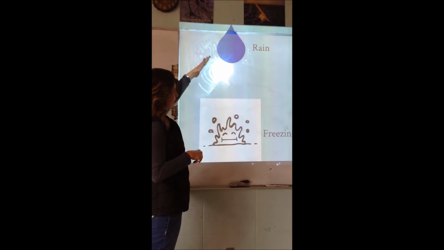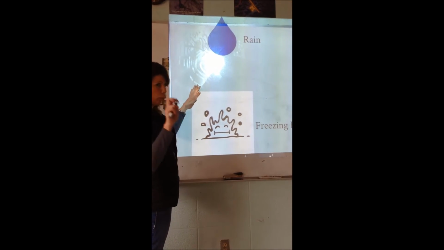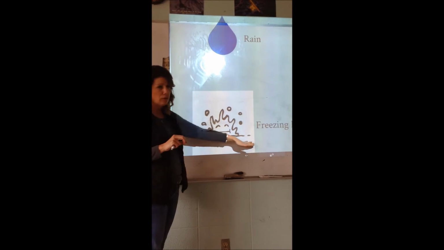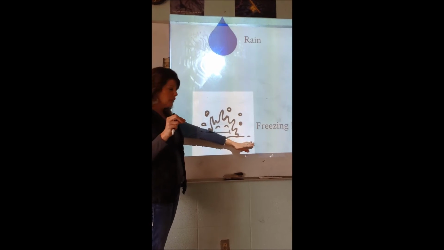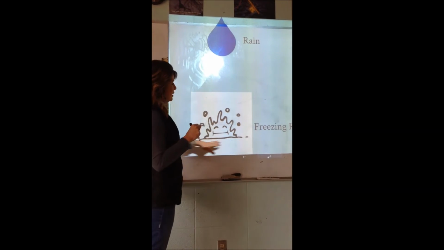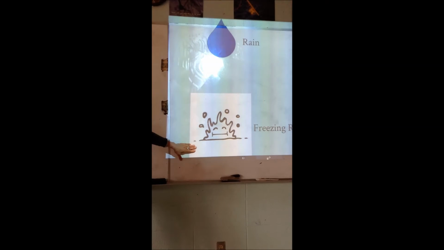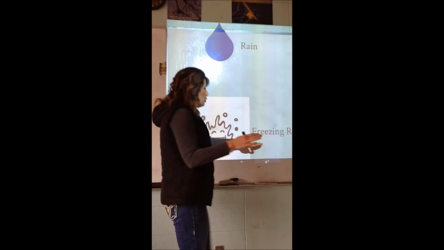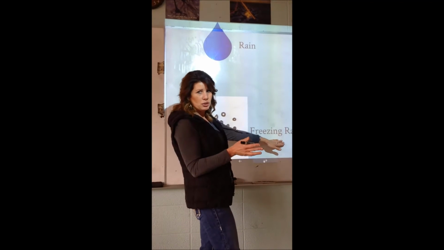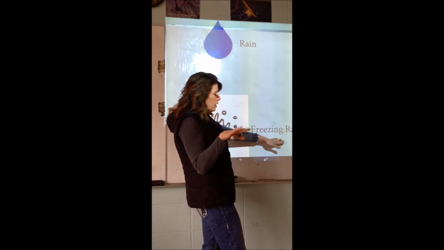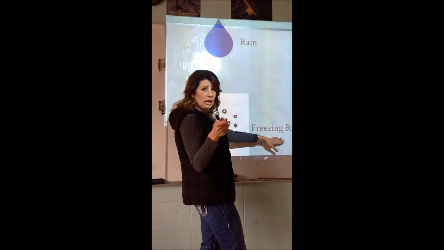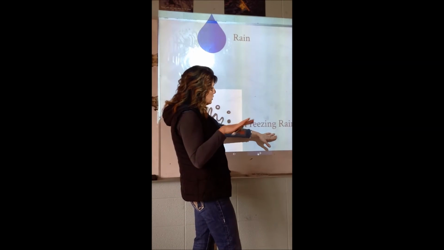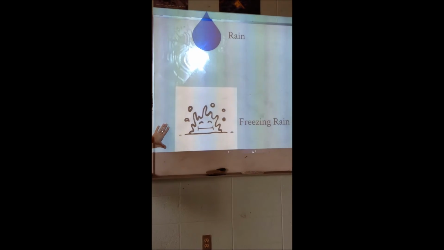So as soon as that freezing rain or liquid hits that surface, it freezes immediately and turns into a solid. Why do you ask, is this dangerous? Because let's just say you're driving along the road, and you think it's just raining, and all of a sudden now there's ice on the road, but you don't see it. That's when you start to slide, and that's when wrecks happen.